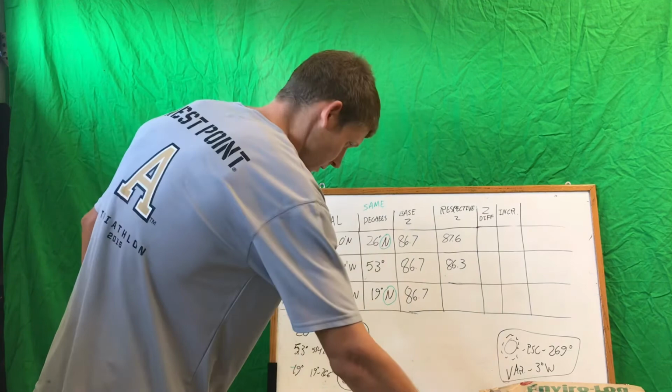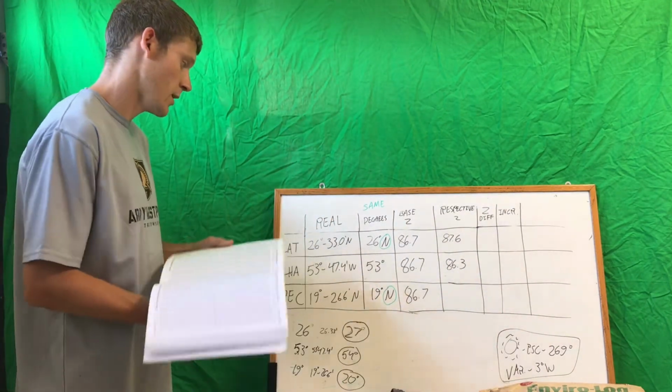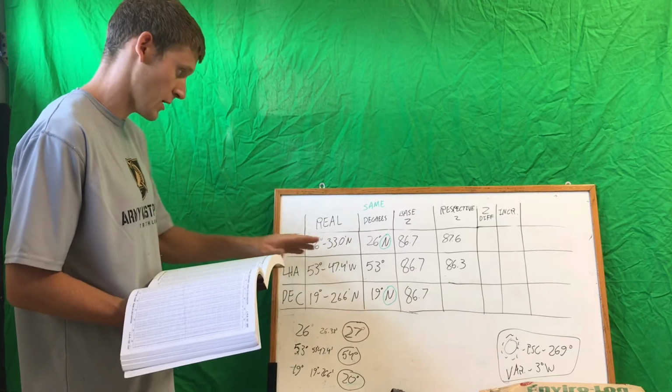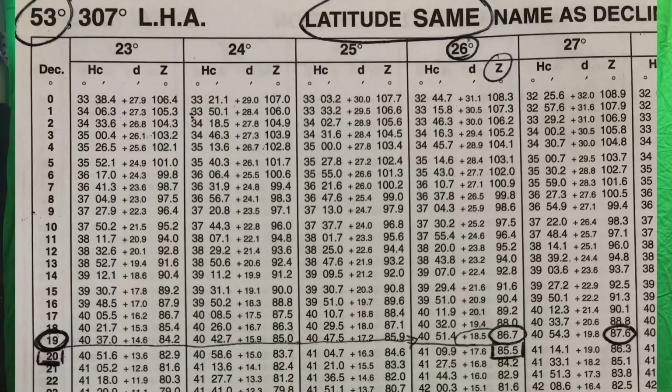So, just like we did on the past ones when we were finding Z, flip open to LHA page 53 degrees, go to the degrees 26.